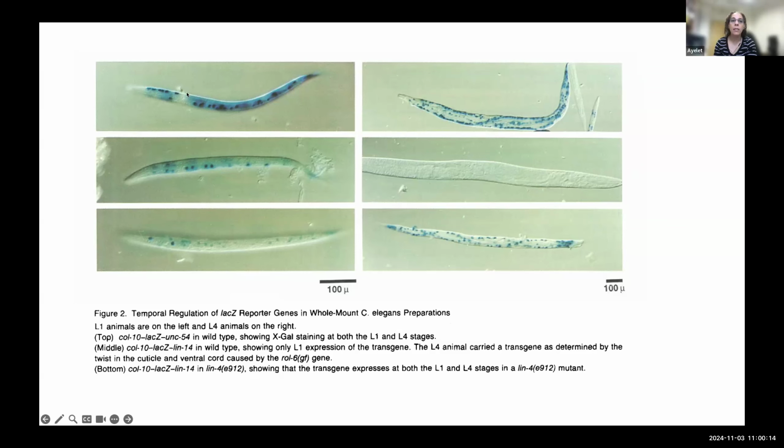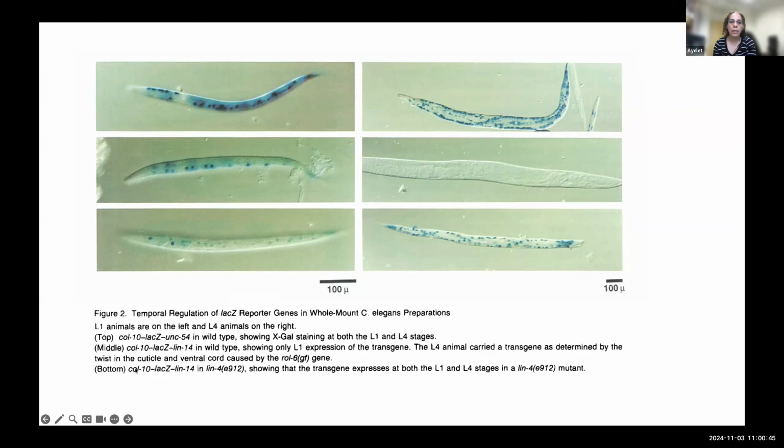So in wild type, they see ANC54 as a muscle gene, and they see staining in the muscles in both stages. When they took Lin14 3' UTR, they saw that in L1 they see expression. However, there's no expression of Lin14 in the L4 stage.